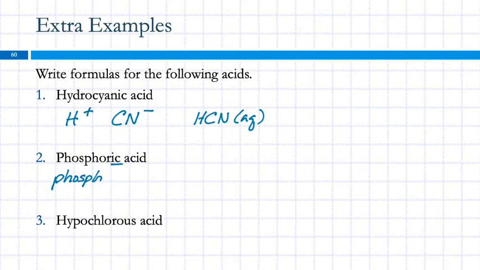That's another thing that I won't take points off for, but I will correct you. So this is phosphate. What's the formula for phosphate? PO4 3 minus.